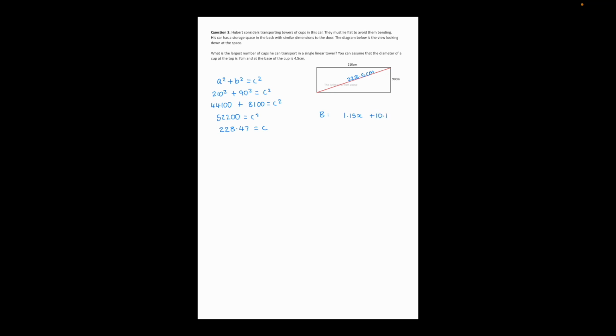Okay, I don't need to do it for cup A because I know by now it's going to be a smaller number. And I can have 228.47 equal to that 1.15x plus 10.1. So I'm going to need to subtract 10.1 from both sides. So this is very similar to the previous question.